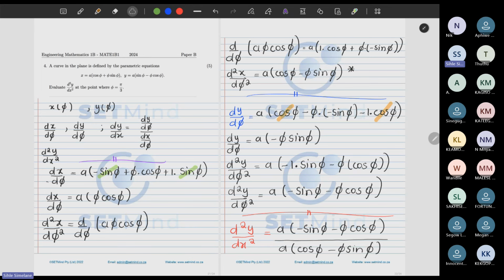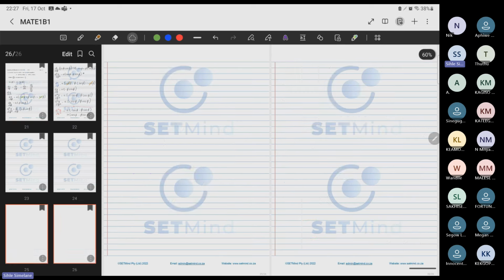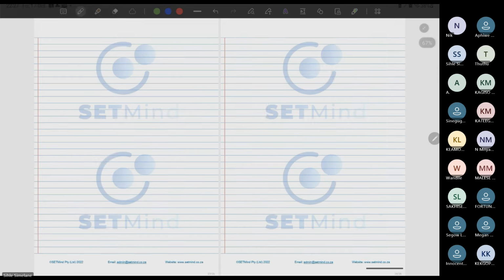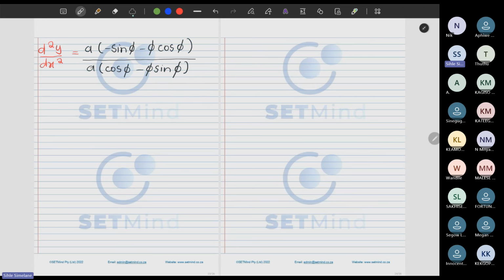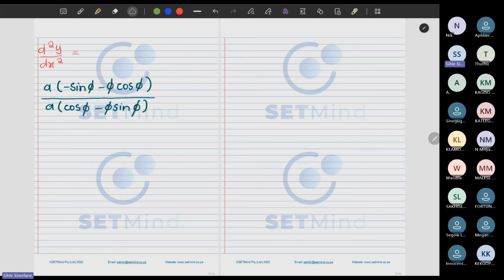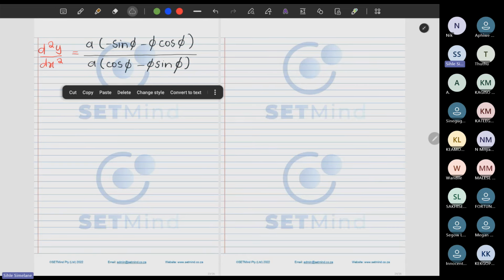And we'll go and evaluate this at an angle of pi over 3. So let's go. So we'll go and take this and put in pi over 3 and see what we obtain.